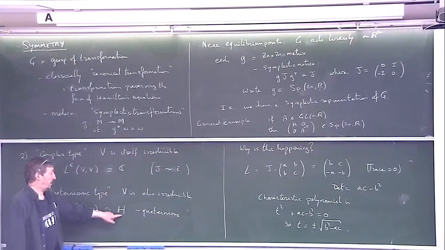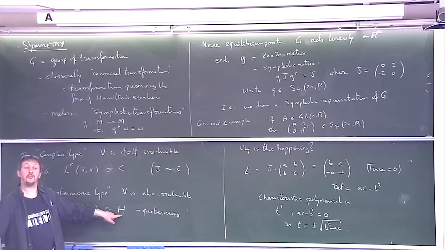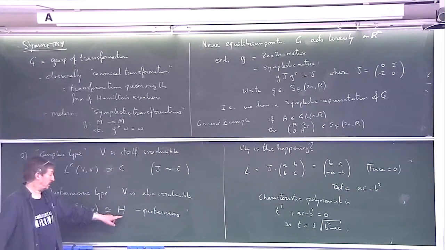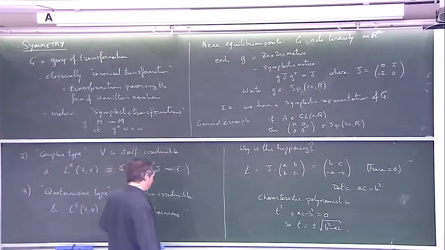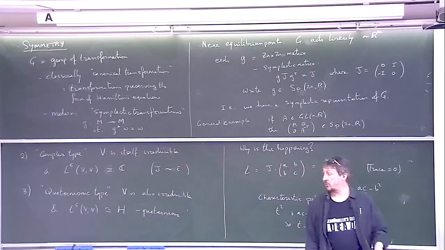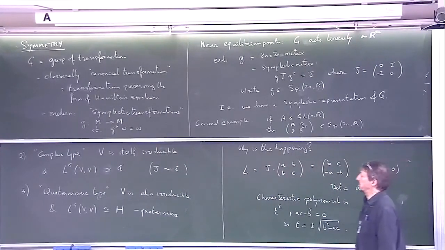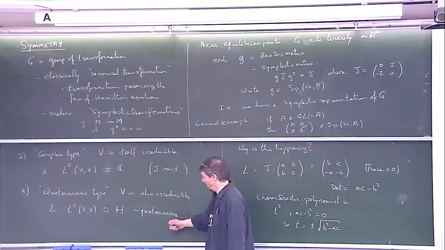And here, there are lots of matrices whose square is minus the identity. Lots of elements of the quaternions. There's a whole 2-sphere. Here there are just 2 elements, plus or minus i. Here there's a whole load of them.